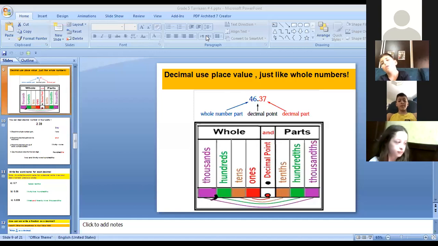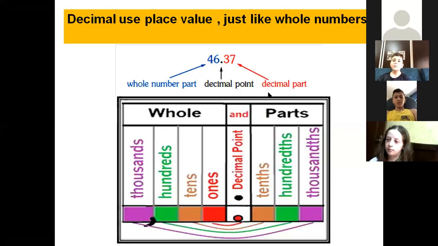Let us continue now. We are again talking about the place value chart. On the left side of the place value chart, we have the whole number part.